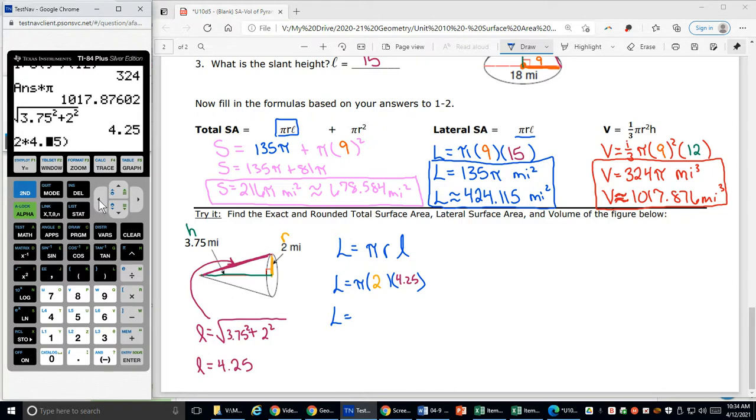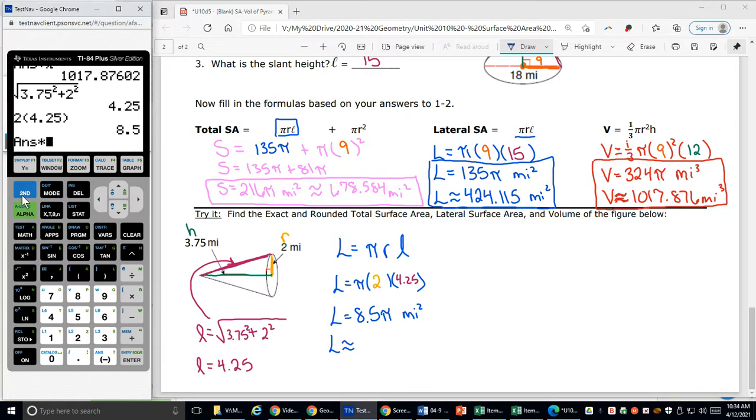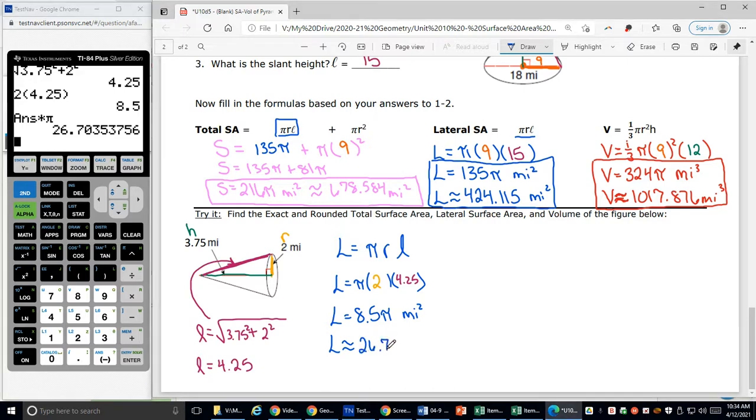Oops. There we go. 2 times 4.25 gives me 8.5 pi. That's my exact answer, square miles. These are really big cones. My approximate answer, take the 8.5 and multiply it times pi, 26.704 square miles.